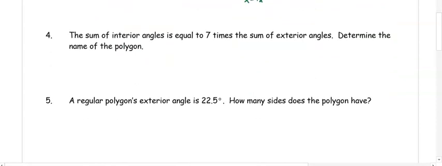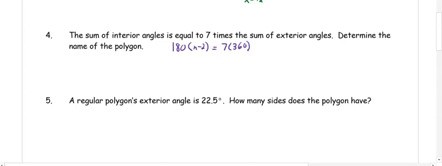In number 4, the sum of interior angles is equal to 7 times the measure of the exterior angles. Determine the name of the polygon. So 180 times n minus 2 is equal to 7 times the measure of the sum of the exterior. Well, the sum of the exterior is always 360, so 7 times 360.